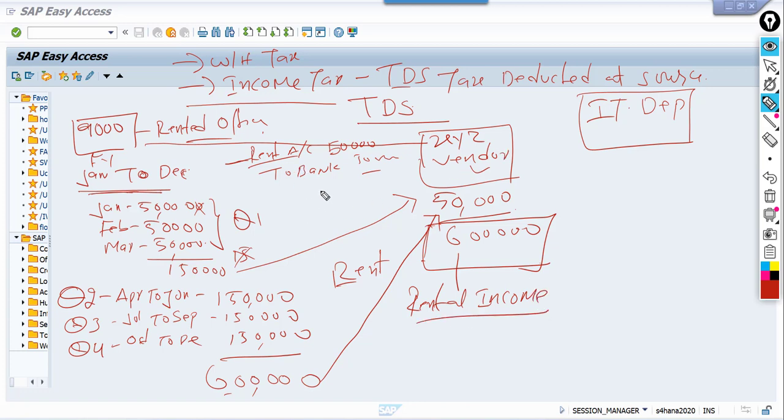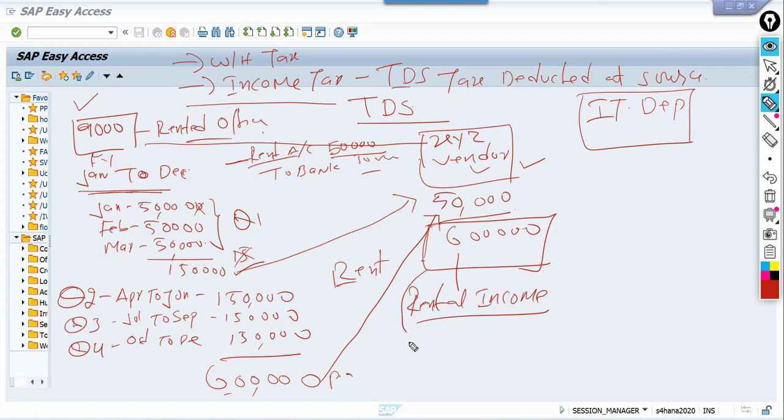Here we don't have any TDS concept. This is without TDS concepts we are understanding. Here 9,000 company code is paying rent to this vendor. Every month is 50,000, quarterly 1,50,000, per annum we paid 6 lakhs. He didn't file the income tax return.